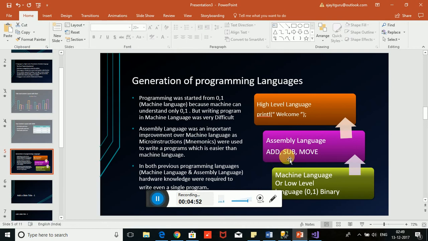Suppose adding two integers, we can use add; subtracting two integers, we use sub; or if you want to multiply two integers, then there were equivalent words mul and div, and there were several words by which we can write a program.